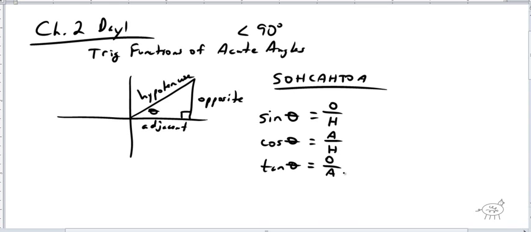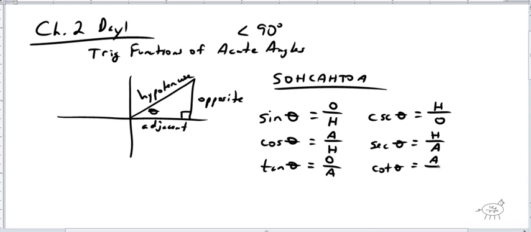The reciprocal functions are easy, you just flip it over. So cosecant is H over O, secant of theta equals H over A, and cotangent of theta is equal to adjacent over opposite. Truly, I just remember SOHCAHTOA as opposed to trying to remember the other ones.